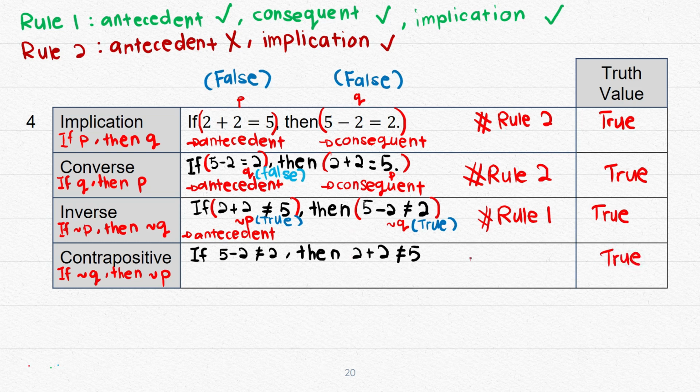Rule number 1 or rule number 2? 1. Correct. We apply rule number 1.